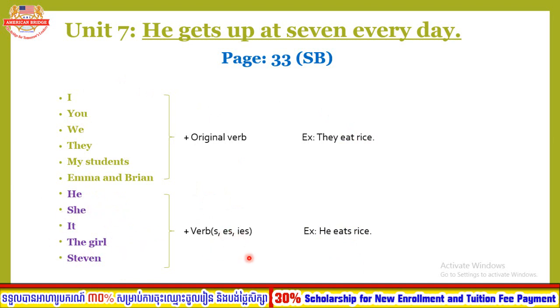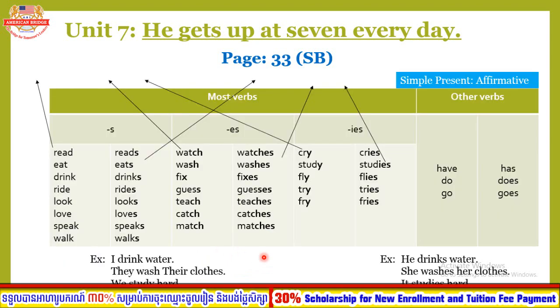So the problem is, how can you know when to add s, when to add es, and when to add ies? In order to know that, you need to go with me to the next slide. Here, you see the slide. You need to remember, everyone, that we add s to most verbs, like read, eat, drink, write, look, love, speak, walk.